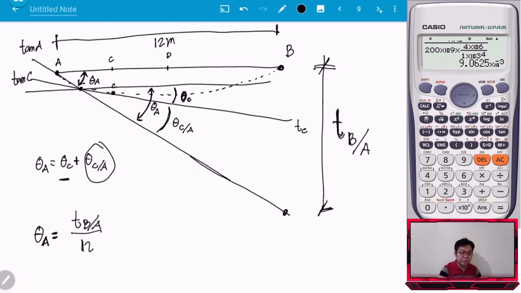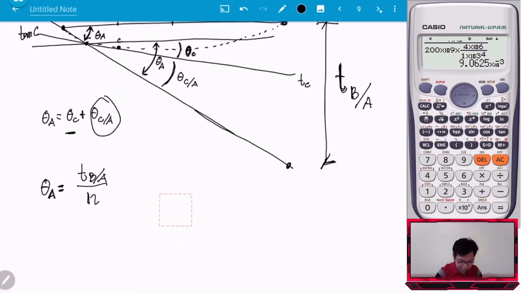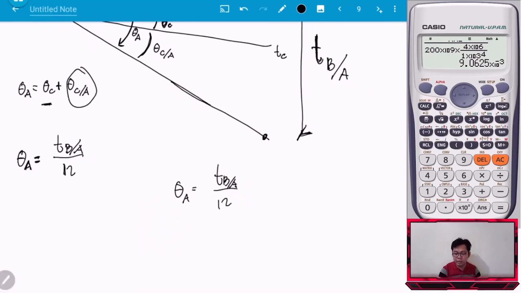Now actually guys, exact, like I said, exact naman yan, di ba? Now, the tangent of very small angles is just equal to the angle itself. So instead of tangent theta A is equal to TBA over 12, pwede natin gawin na the angle itself is equal to TBA over 12.